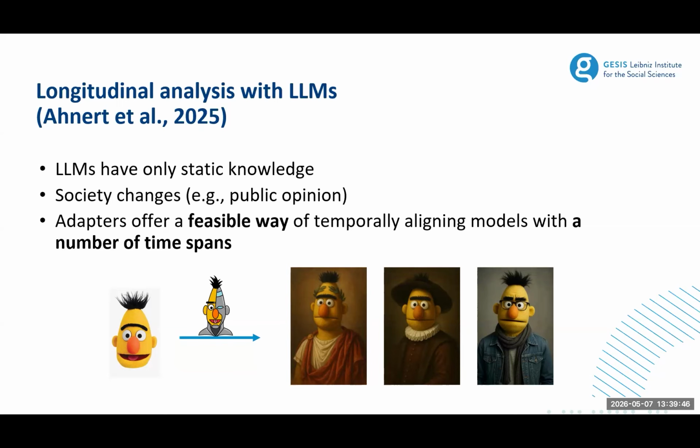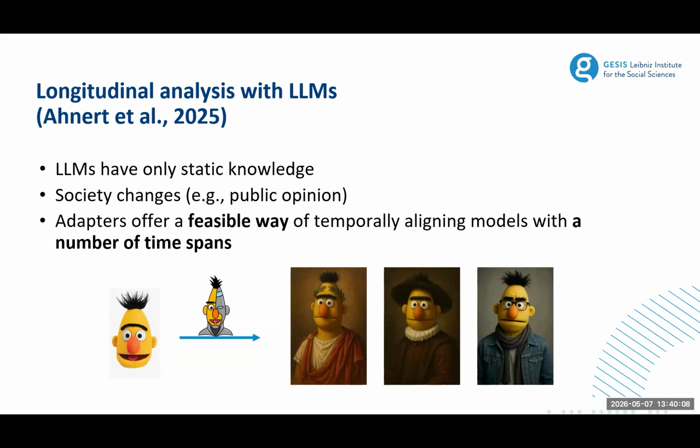Because we have learned today that already fine-tuning one model is a lot of effort. But if you want to fine-tune several models, for several time spans, then this is even less feasible, right?